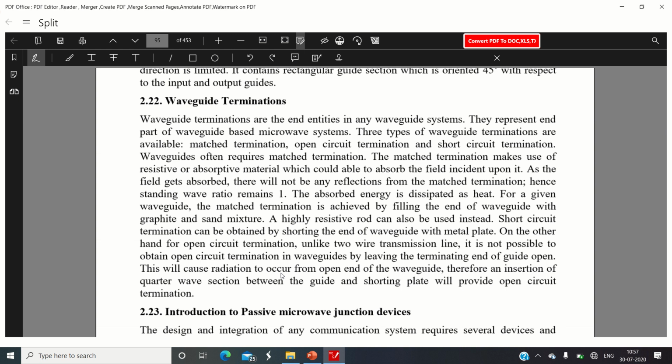Therefore, in order to provide the open circuit condition in the case of a waveguide, we normally insert a quarter wave transformer section. So waveguide terminations are basically of three types: match termination, open circuit termination, and short circuit termination, and these are used at the end of the microwave system.